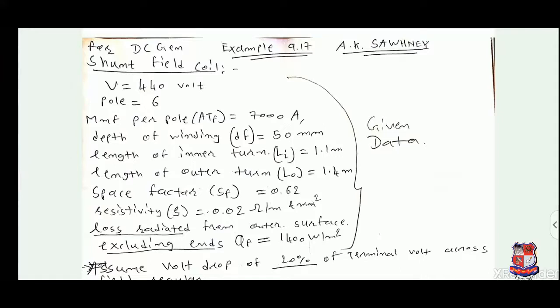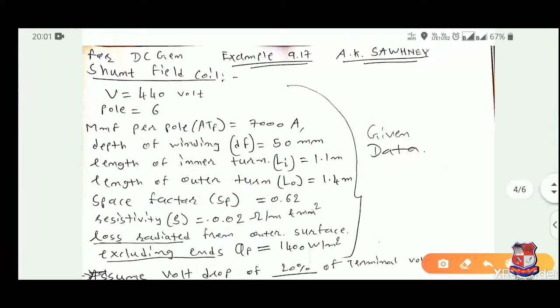Here, for a DC generator, there is a shunt field coil we need to design. Voltage is given as 440 volt. Number of poles is 6. mmf per pole, ATf, is given as 7000 ampere. Depth of winding is 50 mm. Length of inner turn Li is given as 1.1 meter.